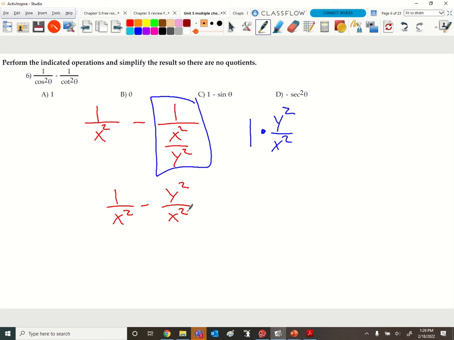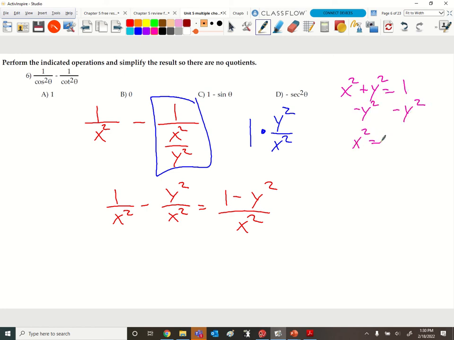Do I have common denominator? Yes, I do. So it's going to look like 1 minus y squared over x squared. Now, right there, you should have this itch in your brain that says, whoa, I remember Pacho saying something about that. What is 1 minus y squared? X squared. Very good. That's using my Pythagorean identity, which I will do right here. x squared plus y squared equals 1, and so it's subtract y squared.